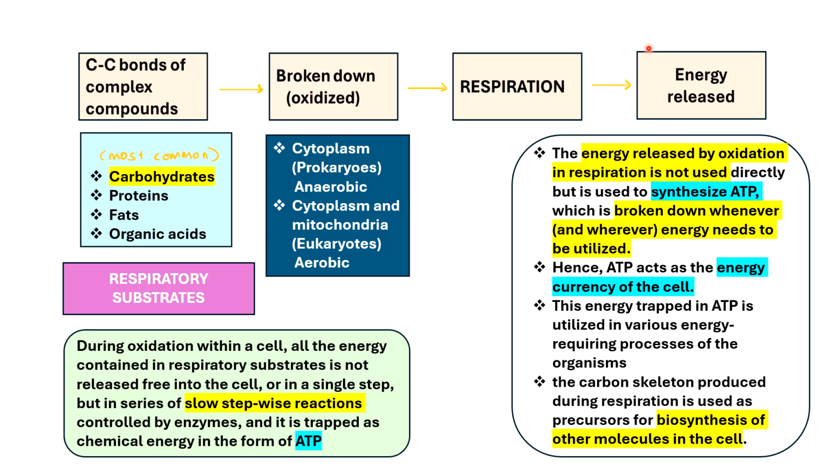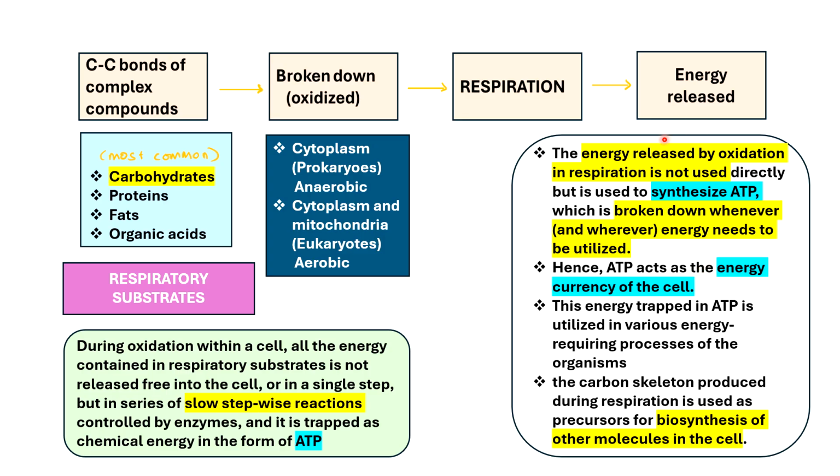Coming to the energy release. The energy which is produced in the process of respiration is not released in a single step. But how is it released? It is released in slow and stepwise reactions. And how is the energy trapped? It is trapped in the form of the high energy molecule, which is ATP. That's why it is also called the energy currency of the cell.